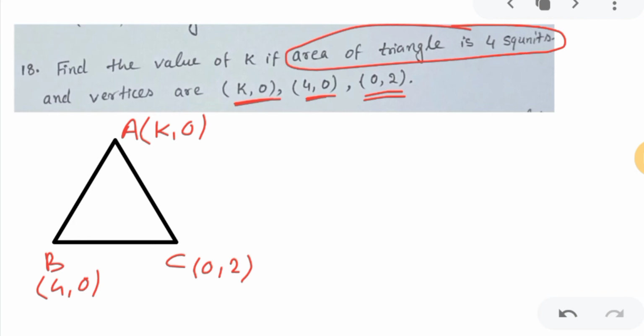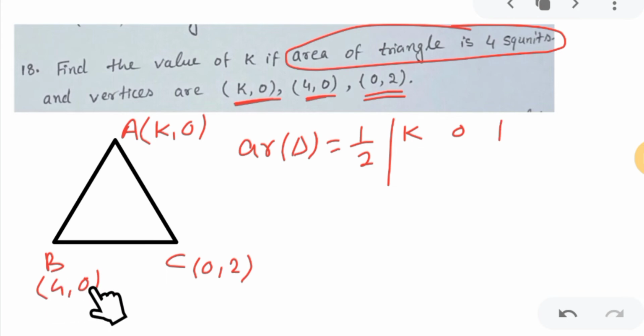So we will find the area of the triangle using the formula. Just now we discussed that the area of the triangle will be half of the determinant x1 y1 1, so x1 y1 means k comma 0, 1. x2 y2 1 means 4 0 1.